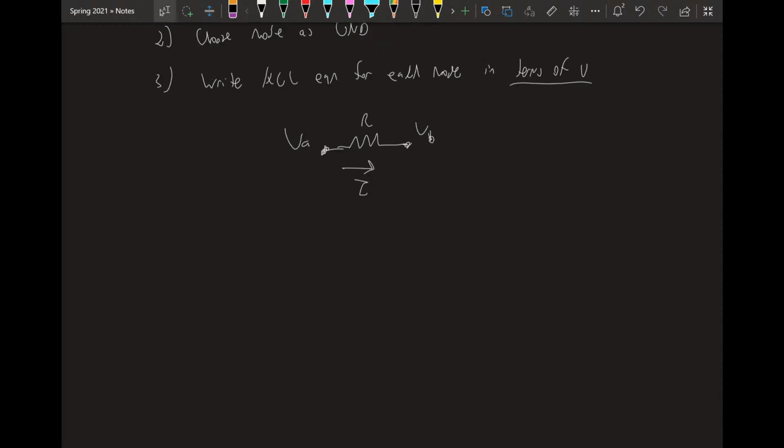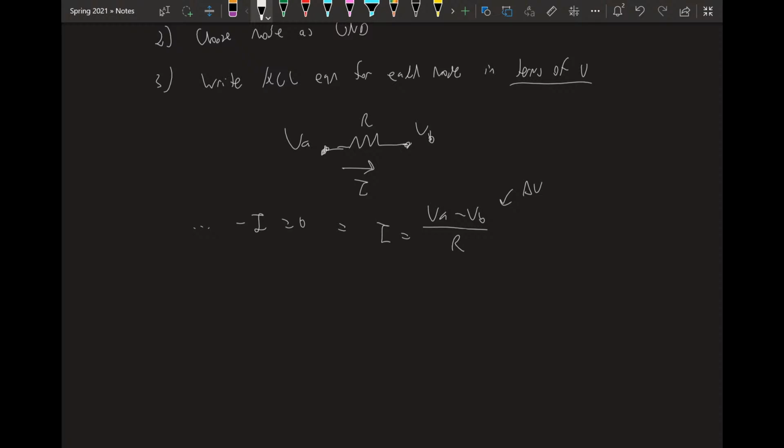At node A, we say negative I, because it's leaving node A, plus a bunch of other stuff, equals 0. How do we write I in terms of voltage? I equals V over R from Ohm's law. This V is really the change in V across the resistor over R. So if we go back to here, this I can be written as VA minus VB, the change in V, over the resistance R.